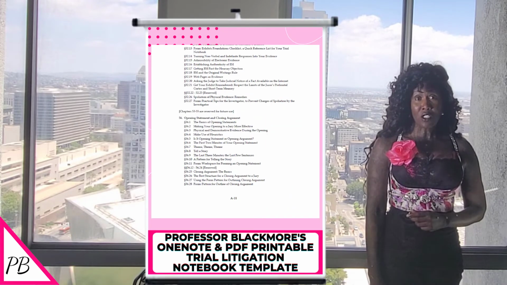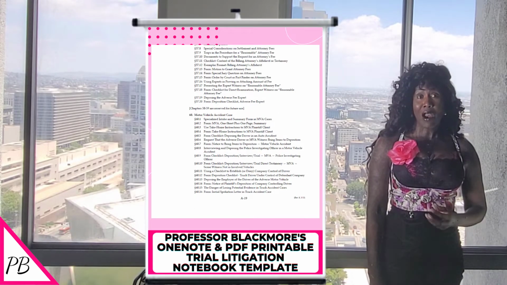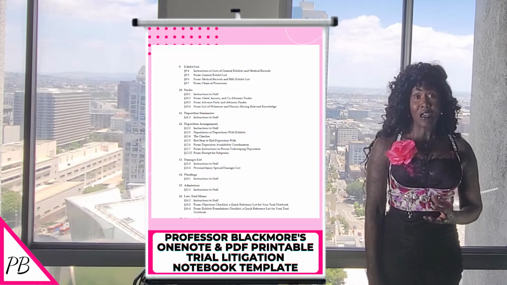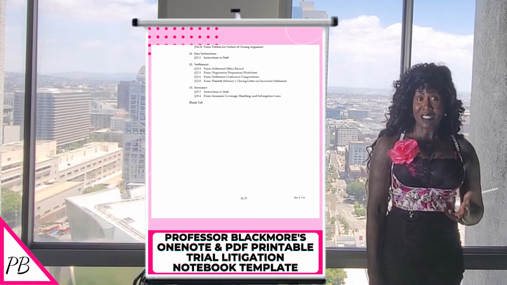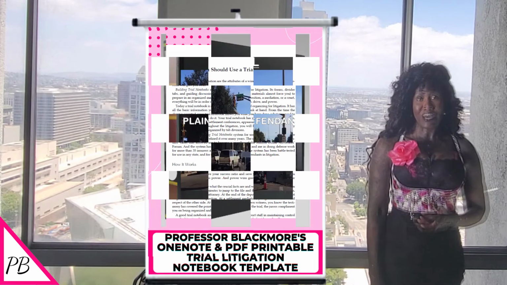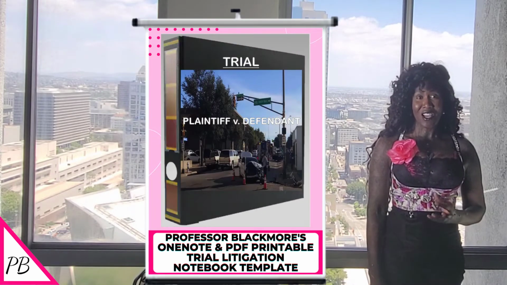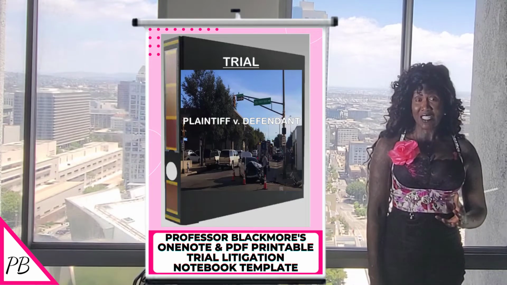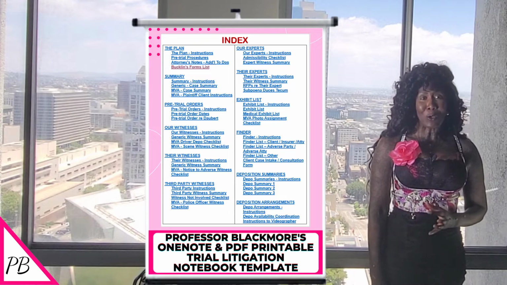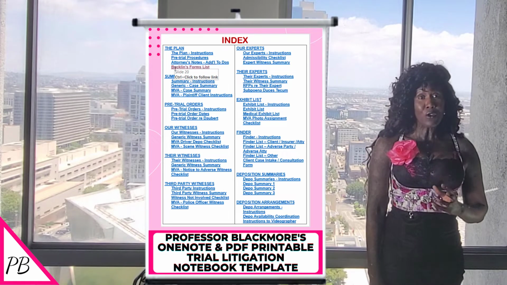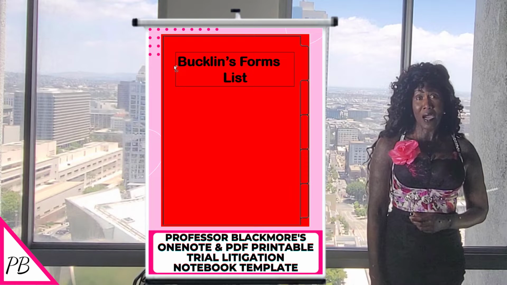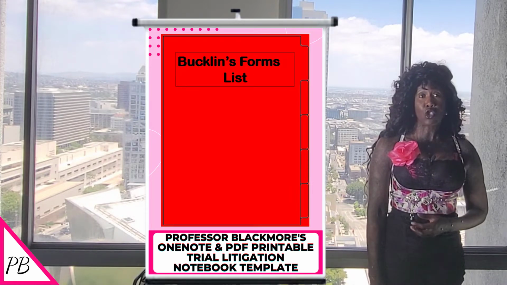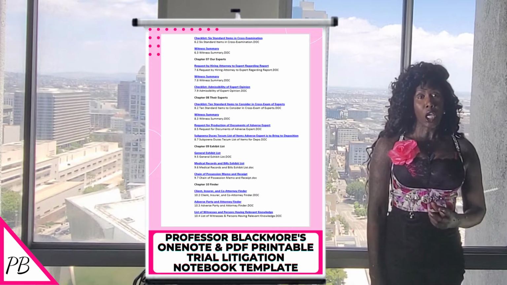But we also offer access to our full set of forms, including all types of other matters, including premises liability, etc. Now, in the first section of my e-trial notebook template, which is the plan section, you'll find a full listing of the full set of forms that you can use to modify your template to coincide with the types of cases you frequently handle in your law firm.